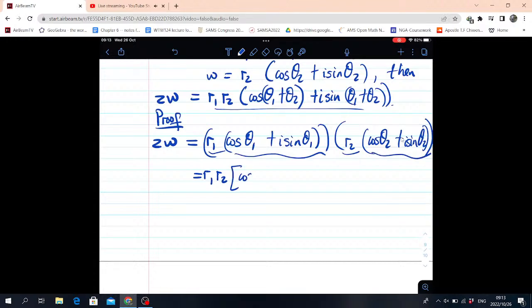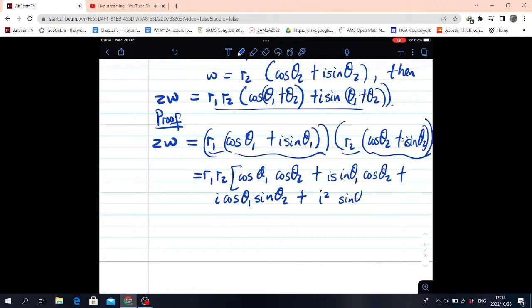So we get cos theta 1 cos theta 2 plus i sine theta 1 cos theta 2 plus i cos theta 1 sine theta 2, and then plus i squared sine theta 1 times sine theta 2.